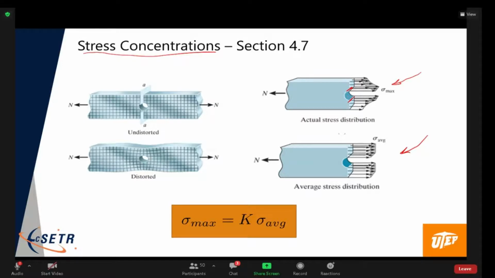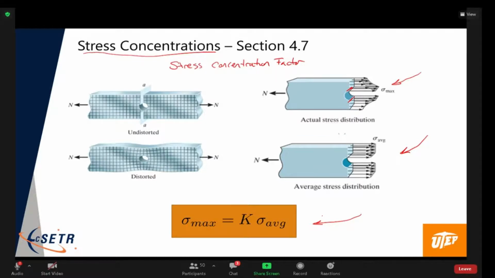So we're going to talk about what a stress concentration factor is and how we can use it. If we look at this equation at the bottom, this is really it.